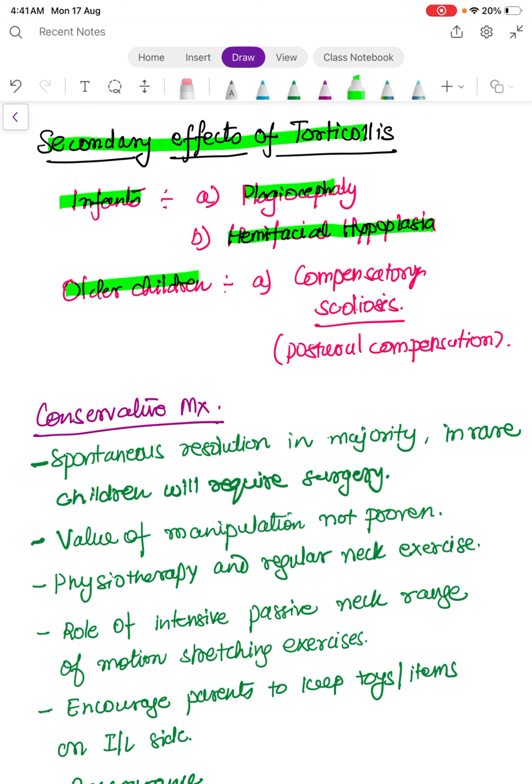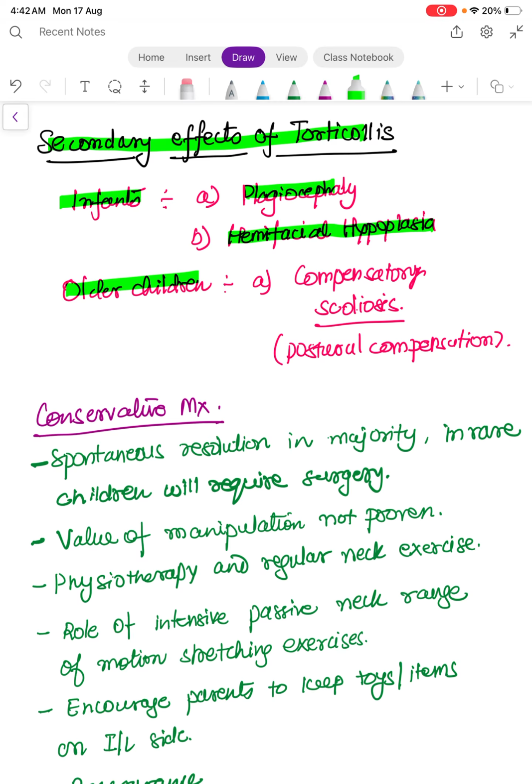It develops in the first few months of life and is better observed from above the head. Once the child begins to sit up or the torticollis resolves, the plagiocephaly tends to resolve as well. It may take several years to disappear, and a few children have a slight permanent deformity.